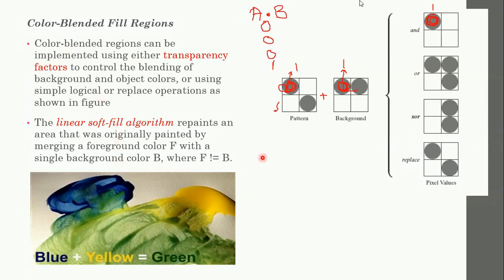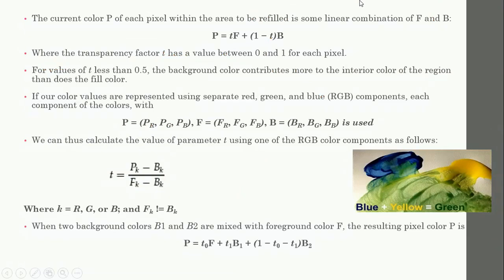Now let us see the algorithm. The current color of the pixel is given by P is equal to T into F plus 1 minus T into B. Okay, so you have the linear combination of F and B here. So now you are seeing, when you are filling the particular area with certain colors, what is the formula behind calculating the color of the particular pixel.